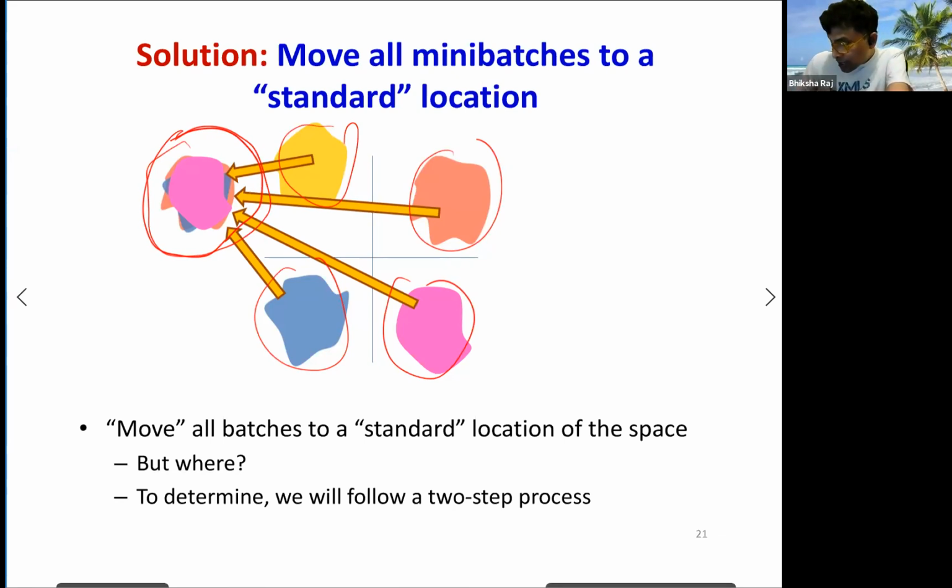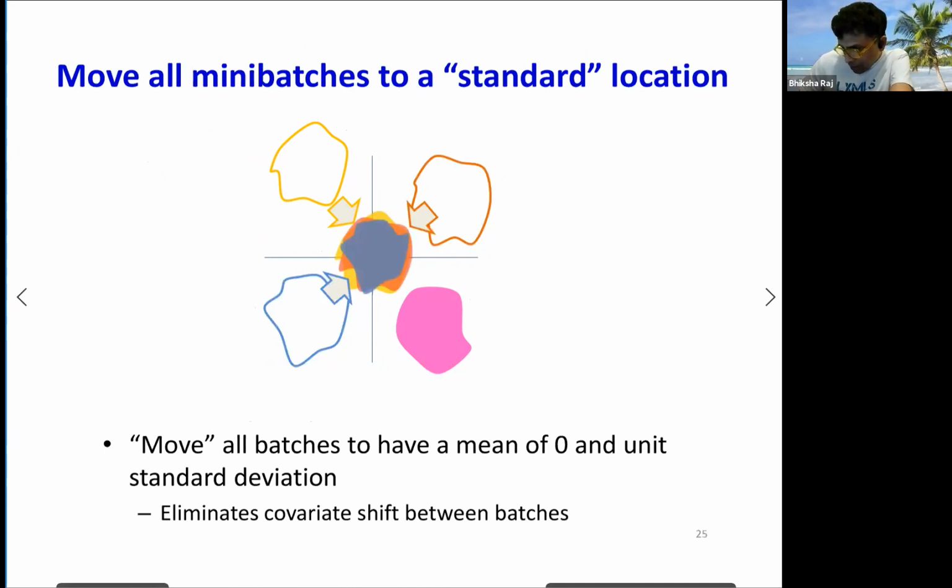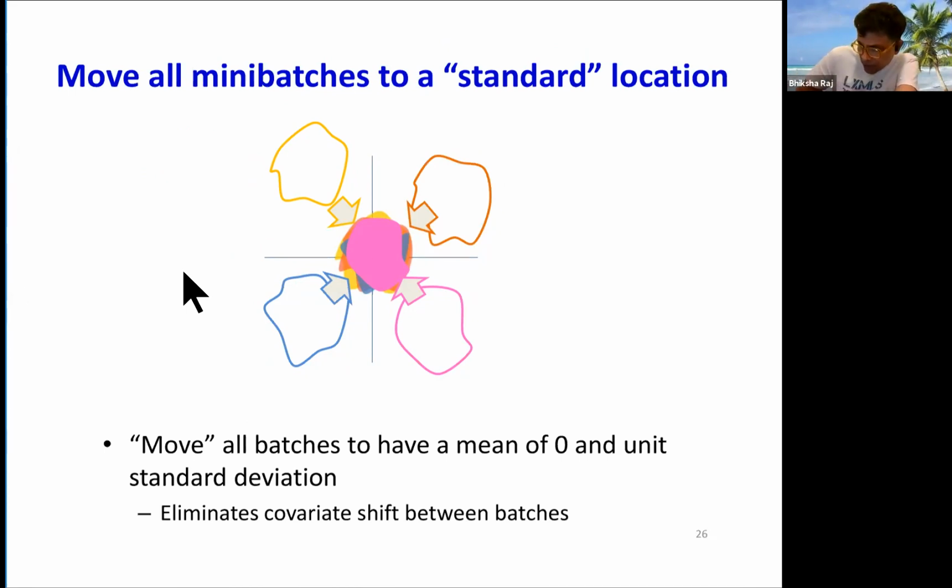But then how exactly do I know where to shift a mini batch? What is this location and how do I shift it there? For this, we're going to follow a two-step process. First, I'm going to move each mini batch to the origin to be zero mean. And I'm also going to scale the mini batch samples so that all of the mini batches are now zero mean and unit variance.